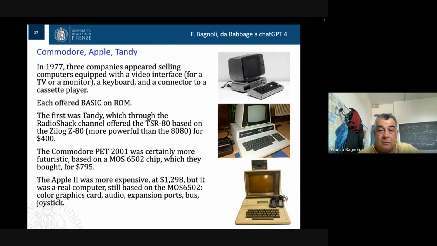And then clearly the Commodore and the Apple were quite expensive and targeted to a high-level audience, while for instance the Tandy was sold as a real home device.